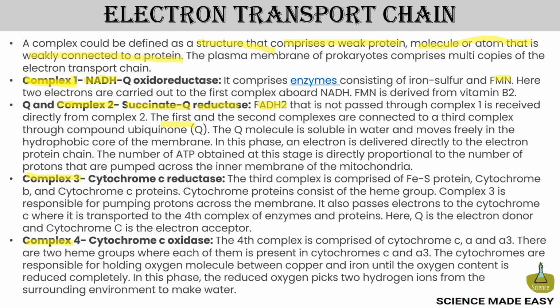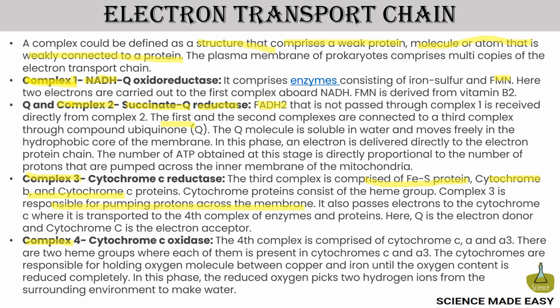Now, complex 3, which is also known as cytochrome C reductase, is comprised of the FeS protein, cytochrome B, and cytochrome C proteins, and a cytochrome protein consists of a heme group. Complex 3 is responsible for pumping protons across the membrane.